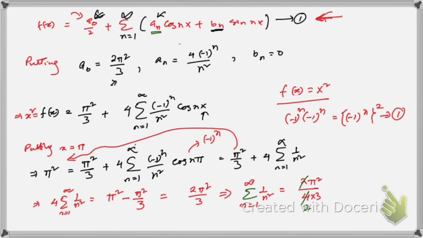So we have got summation from n is equal to 1 to infinity 1 by n square equal to pi square by 6. So that is our answer. That's how we can solve. So this is our answer. Hope you have understood this. Now let's move on to the next question.